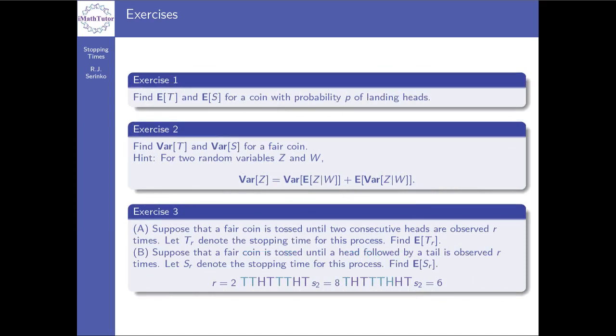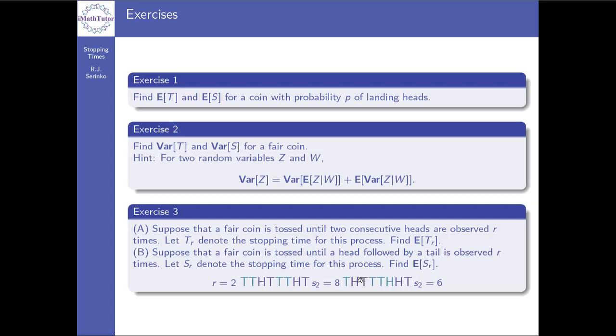For B, it's more straightforward. When we're stopping for a head followed by a tail 2 times, here we have 2 tails, head, tail, then a couple of tails, head, tail. The process stops here. Here we have tail, head, tail, a couple of tails, a head, another tail.